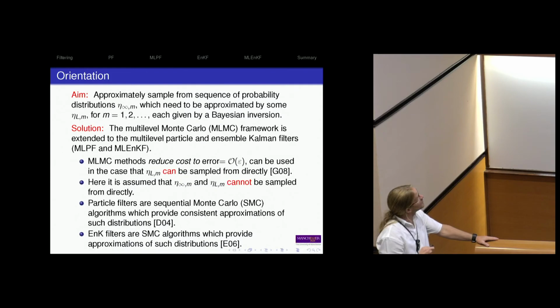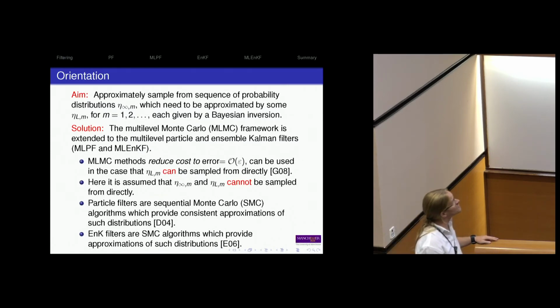The multilevel Monte Carlo framework will extend to the multilevel particle filter and ensemble Kalman filters. Again, multilevel Monte Carlo allows us to obtain an approximation error at the level of epsilon efficiently, and the vanilla version of Giles 2008 can be used in the case that we can sample directly from any given discretization level, and of course couple two discretization levels.